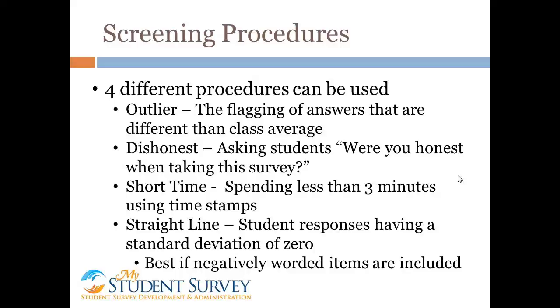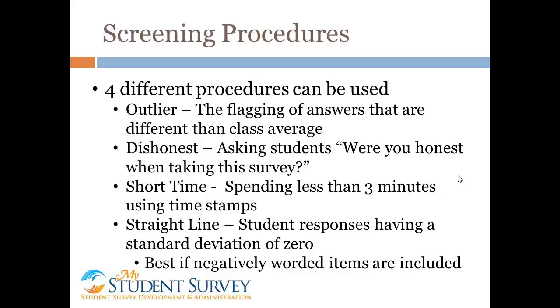We put in some negatively worded questions within our survey. We don't use those for survey results because we found over and over that students have some trouble answering negatively worded items. So we primarily have them in there to prevent what's called a response set, or a student writing the same answer over and over.